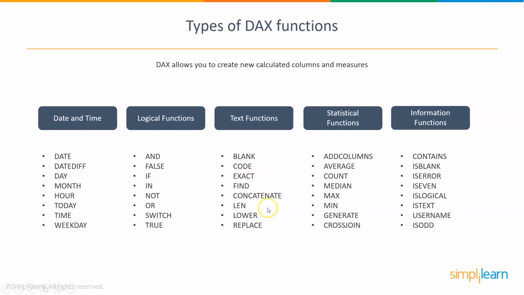You have text functions which allow us to transform the data into lowercase or uppercase, get the length of a string, concatenate two fields, do filtering based on some criteria, or replace some content. You also have statistical functions and information functions. So these are different types of DAX functions which we can use in Power BI.